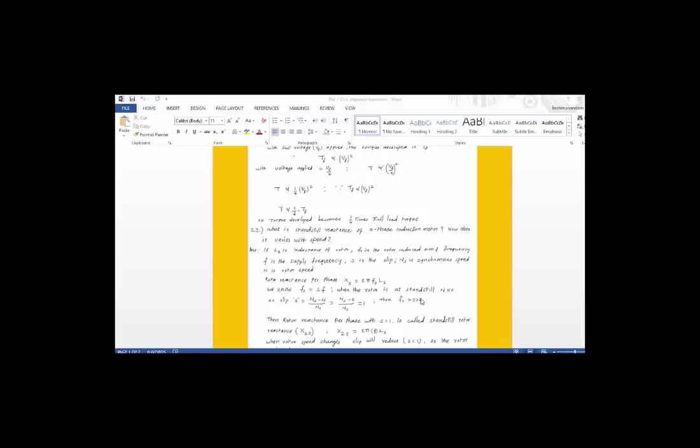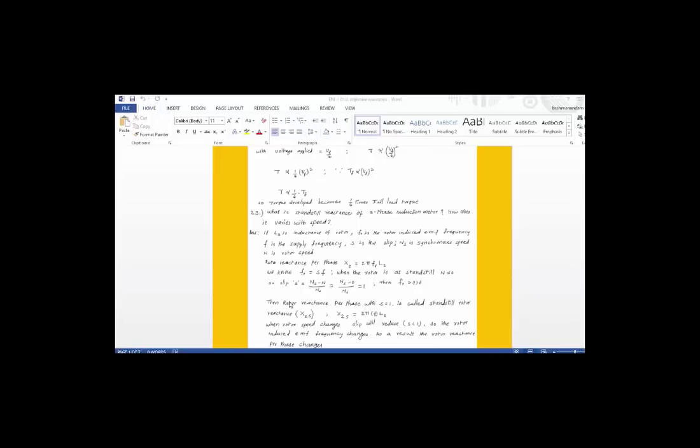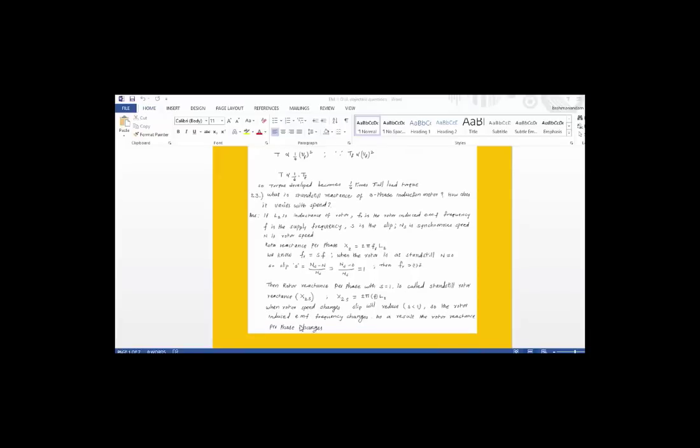So the rotor induced EMF frequency will become Fr is equal to F. Now the rotor reactance per phase with S equal to 1 is called the standstill rotor reactance. We represent this as X2S, and we can write 2 pi F into L2. Here we have replaced Fr with F because S is equal to 1.